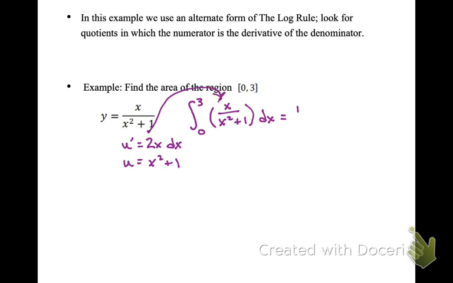Okay, so 1/2 the integral of u prime over u. So it's 1/2 the natural log of x squared plus 1 from 0 to 3.